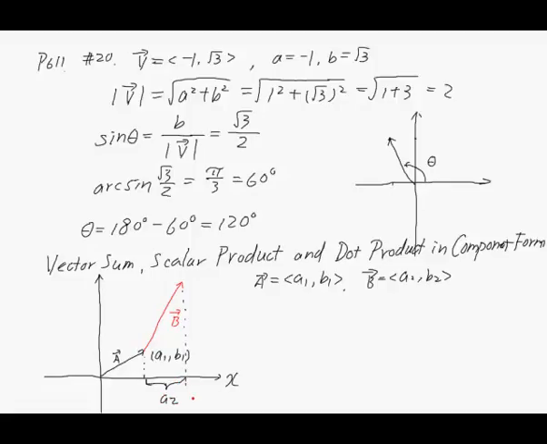This is just the length of the horizontal component of this vector B. And this is A1. Now let's draw the two parallels, two horizontal lines through the initial point and the terminal point of this vector B.